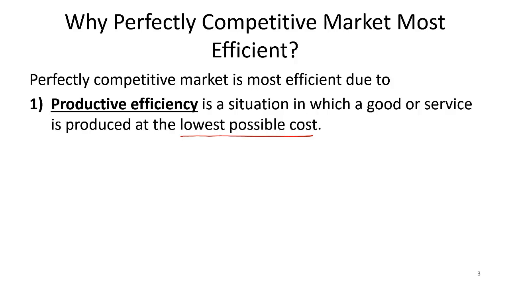It's not surprising that when the market is very competitive, firms try to be very efficient, which means the firms will get rid of all productive inefficiencies and try to produce the goods at the lowest cost possible. Otherwise, they will be wiped out of the production process because their prices would be higher and they will not be able to sell if they have productive inefficiencies. So productive efficiency is assured under the perfectly competitive market.